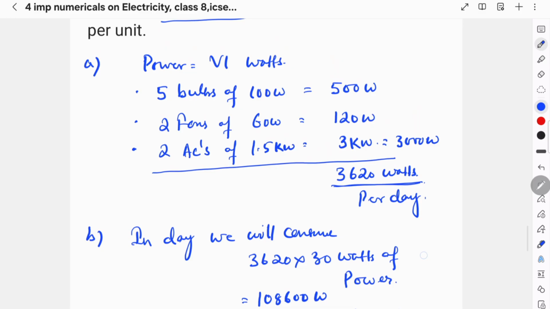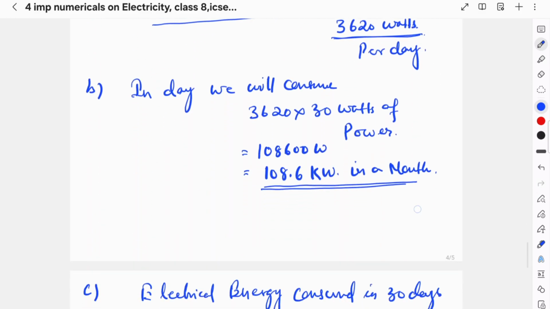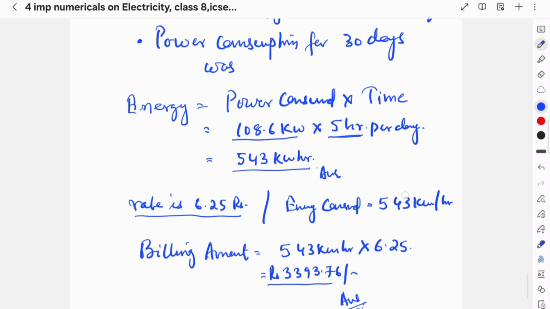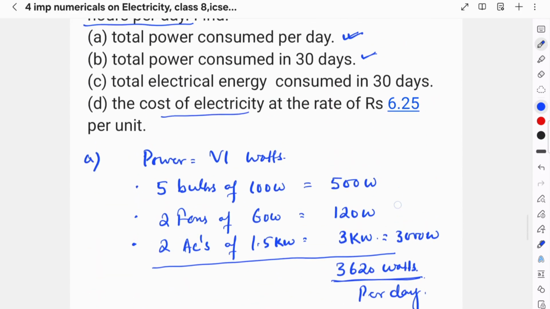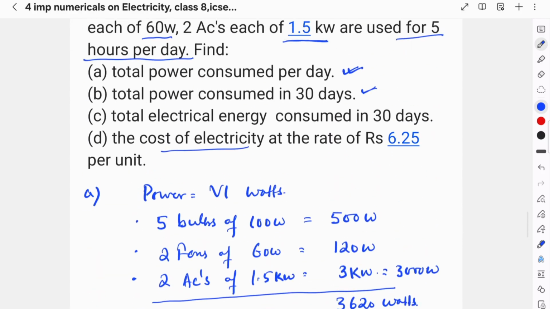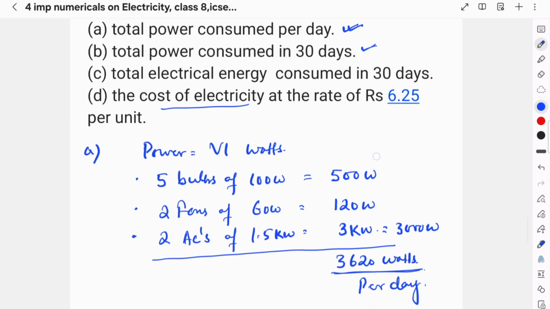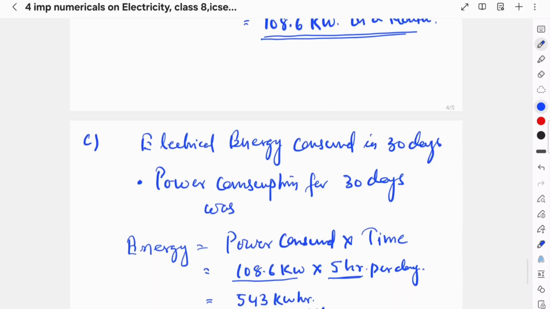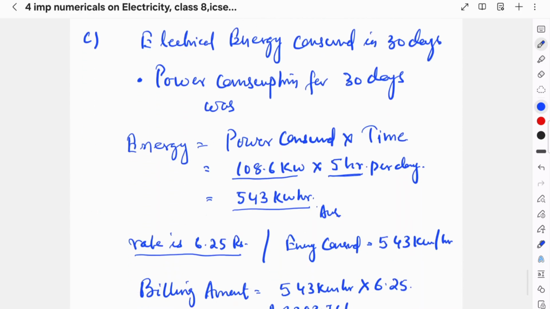So we have solved all the questions, and these are all based on the concept. So you have to be very careful while taking the wattage and the power consumption. So don't make mistakes in wattage and energy. Okay, you have to be very clear in this.